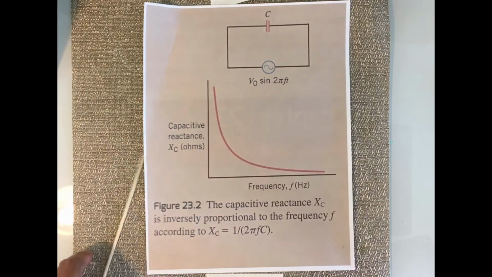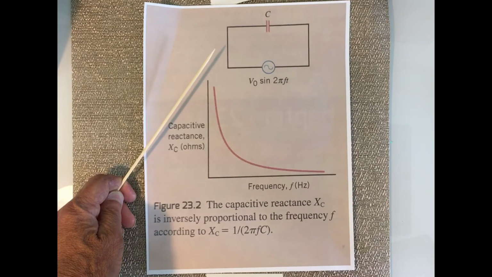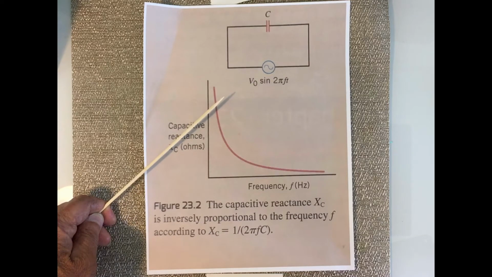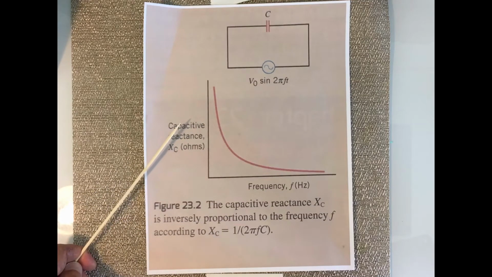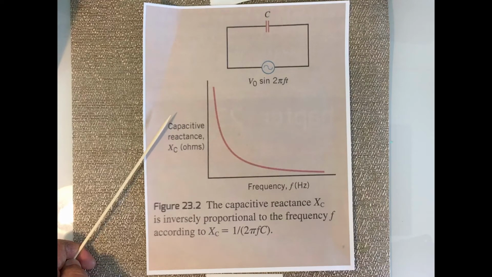Now this is a circuit with a capacitor, and you have alternating current. Here the capacitive reactance XC is inversely proportional to the frequency because XC equals 1 over 2 pi fC.